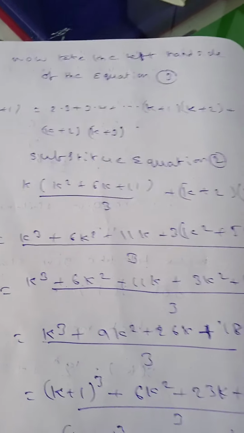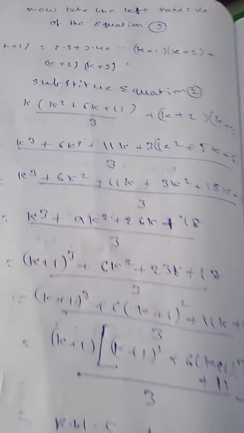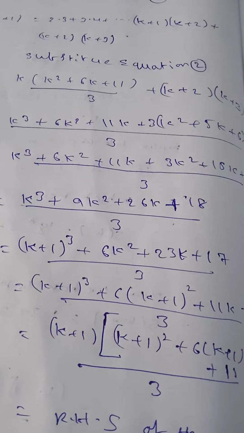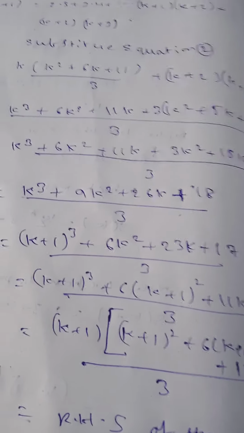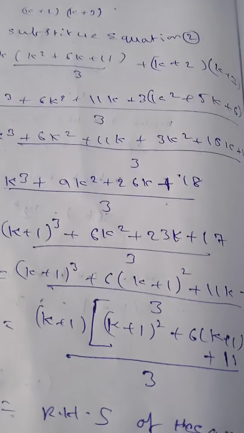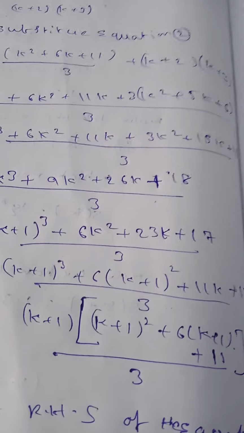Substitute equation 2 here, it becomes k into (k square plus 6k plus 11) by 3 plus (k plus 2) into (k plus 3), that equals (k cube plus 6k square plus 11k plus 3 into (k square plus 5k plus 6)) whole by 3.